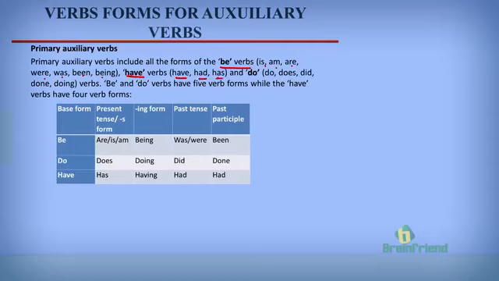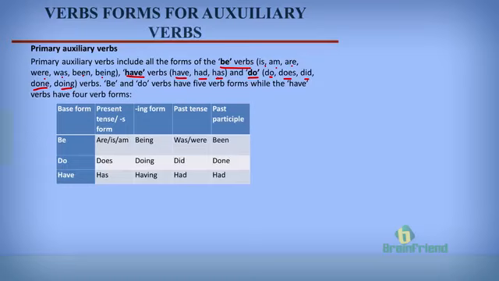And then the last primary auxiliary verb we talked about is the verb do, or the do verbs, which has its forms as do, does, did, done, and doing. These are primary auxiliary verbs. We have the be verbs, the have verbs, and the do verbs. Now, be and do verbs have 5 verb forms, while have verbs have just 4 verb forms.